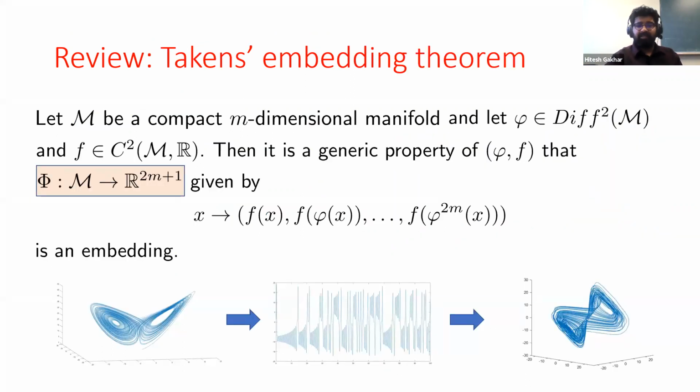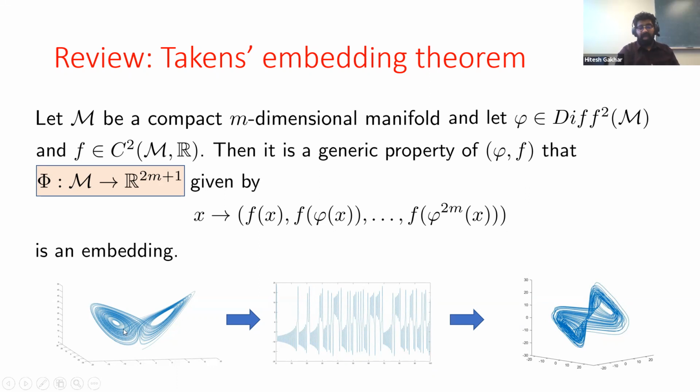This was answered by Takens' embedding, as we saw last time. If you have an m-dimensional manifold, and a diffeomorphism and observation function with sufficient regularity, then it is a generic property of the pair of these maps that the function given by observations of the trajectory of a given initial state x is actually an embedding.